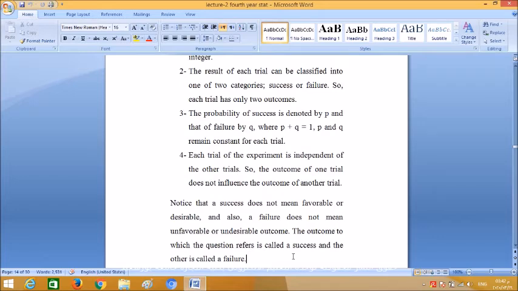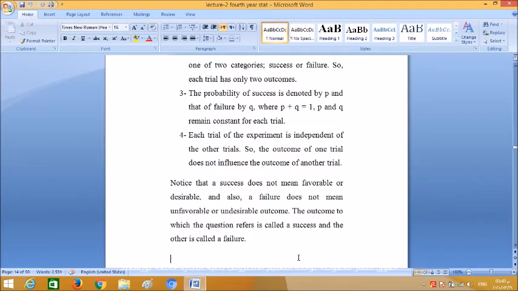And the other is called a failure. So the word success means the probability under question, not success itself.